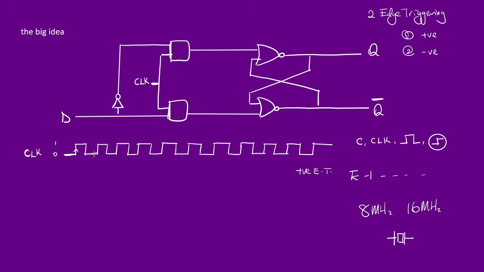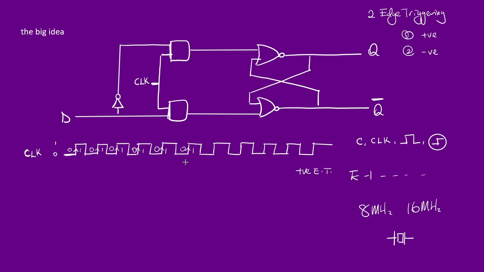Okay? It's low for this period. So I could write 0. It's high here. Then since it's going from 0 to 1, this is my positive edge. Okay? Again it's going from 0 to 1. This is my positive edge. So on and so forth.